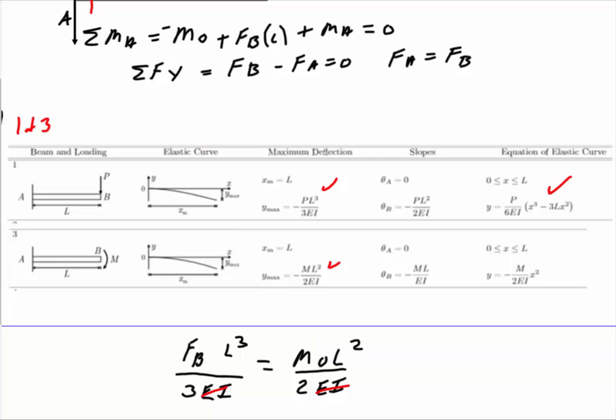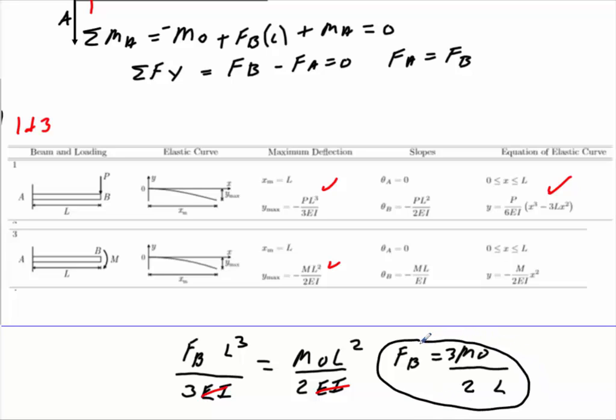So now I had FB, so let's just solve for the force of B. So FB is going to equal MO. We're going to divide both sides by L cubed. That gives me an L down here because this will cancel out, over 3. Bring the 3 up here and the 2 stays down here. There we go. So FB is going to be equal to 3MO over 2L.